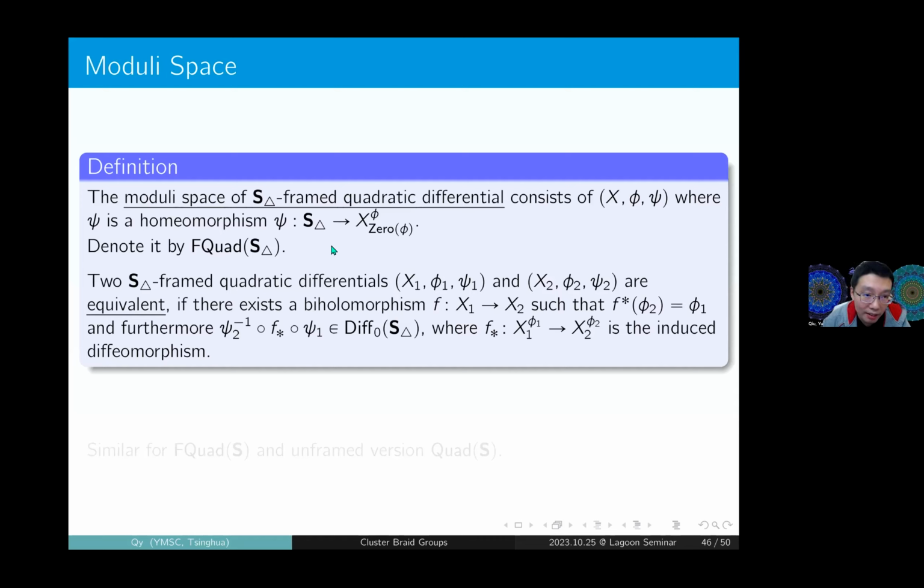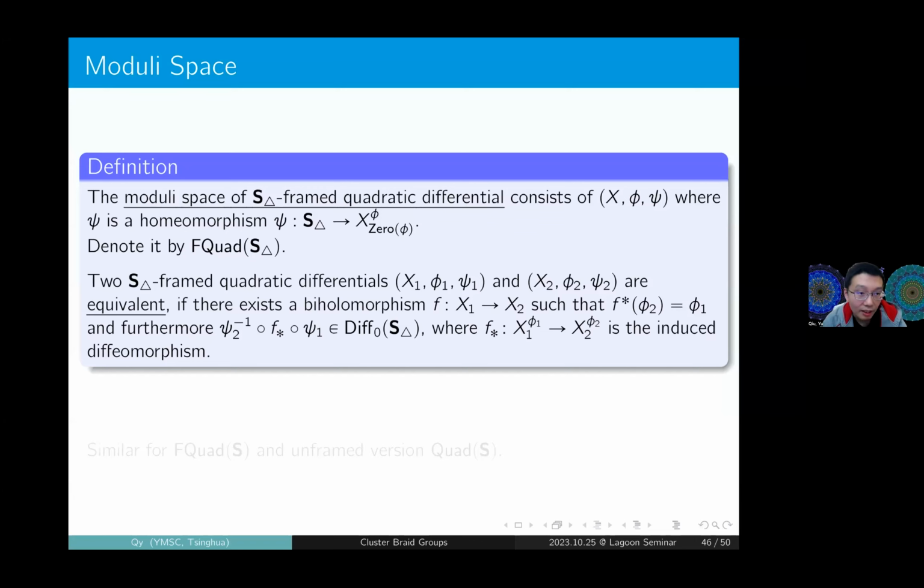So the framing is that you start with a decorated marked surface, and you consider all the quadratic differentials such that if you do the real blow up and the decoration, you will get the same topological type as this decorated marked surface, meaning that there is a homeomorphism from this decorated marked surface to the DMS you construct from the quadratic differential. Yeah, that's just part of the data.